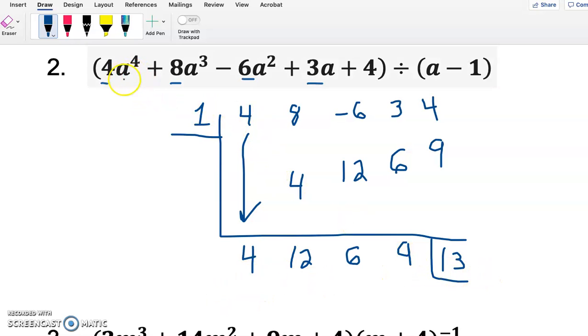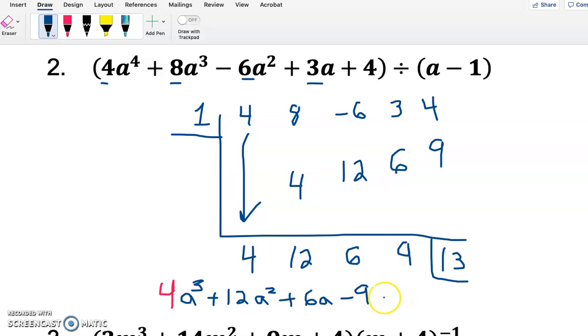Remember, we always take our variable to 1 less degree. So this is 4a to the 3rd power plus 12a to the 2nd plus 6a plus 9.